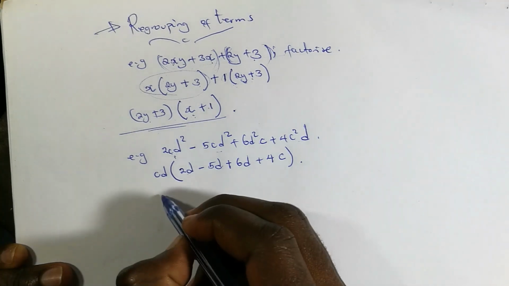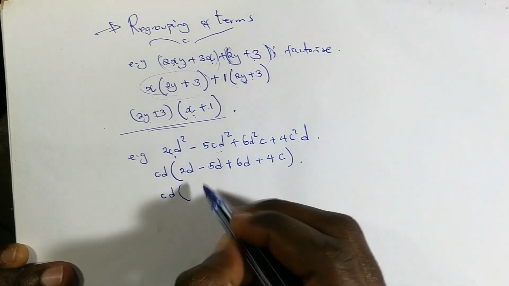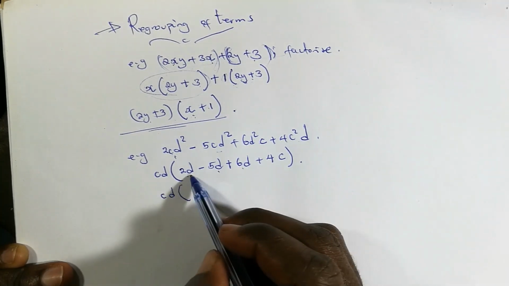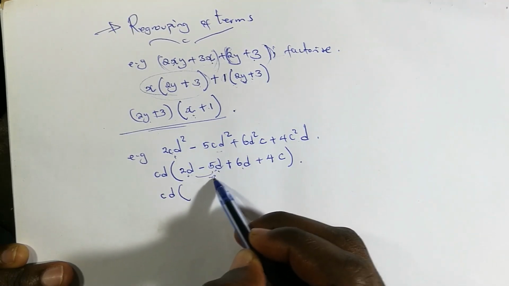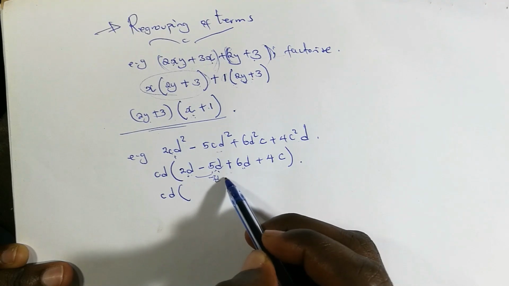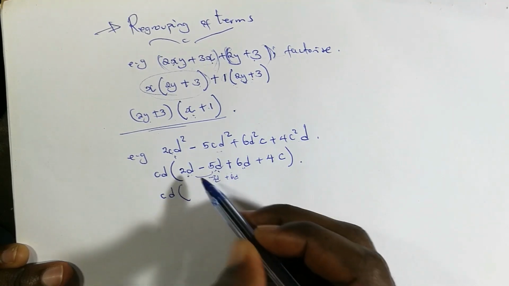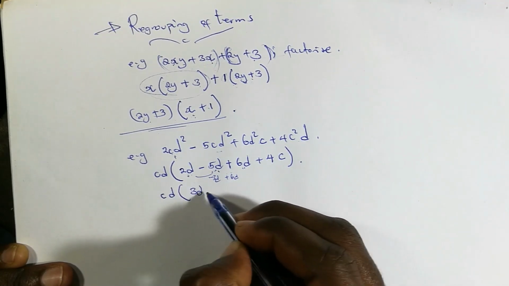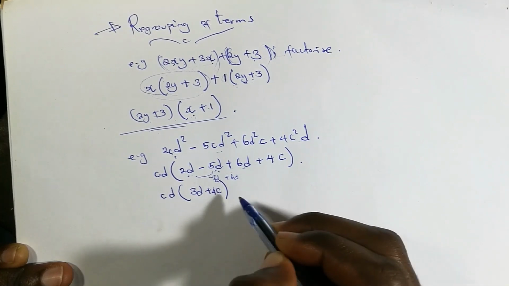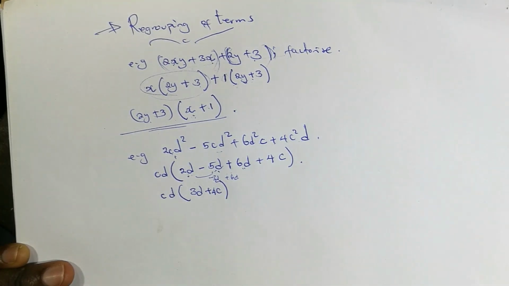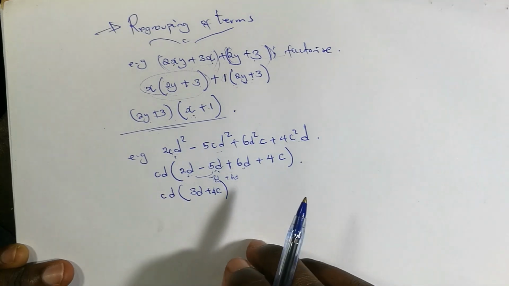So we can see still like terms here. We can just add, these are only d's, we can add them together. We have 2d minus 5d, that means negative 3d, plus 6d, we remain with positive 3d. So we have here 3d plus 4c. Yeah, we have 3d plus 4c.